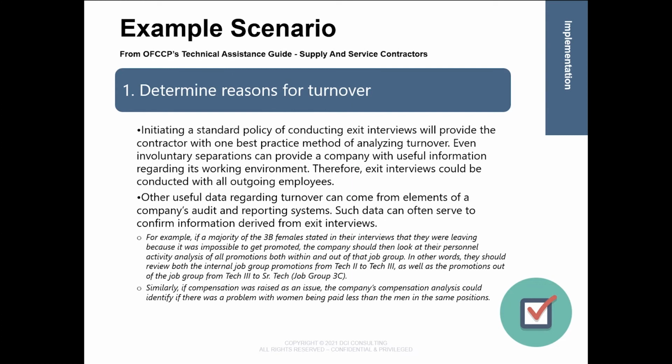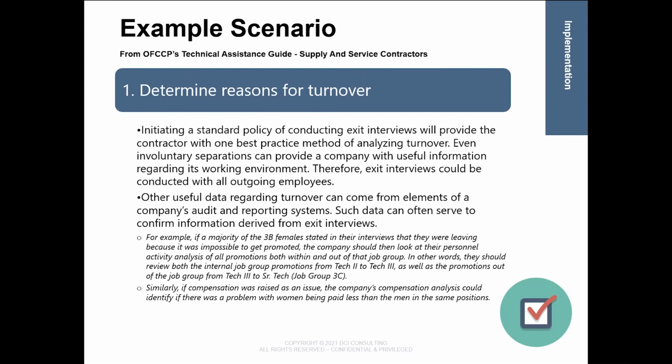They talk about initiating a standard policy of conducting exit interviews that will provide the contractor with one best practice method of analyzing turnover. Even involuntary separations can provide a company with useful information regarding its working environment. Therefore, exit interviews could be conducted with all outgoing employees.